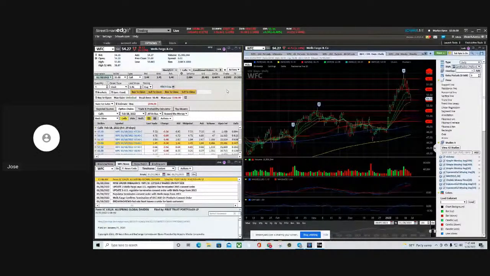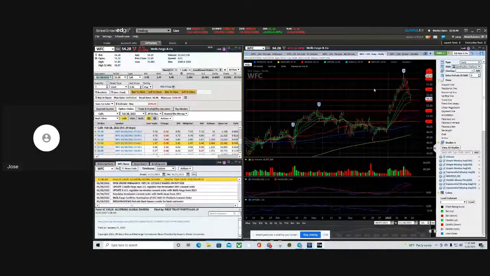This would be the first choice that I would go to. We're trading at 54, but if I take it around $52, $53 area on a pullback, then the $52, $53 calls would be at the money. And what I would expect would be a retest of these prior highs, close to $60.